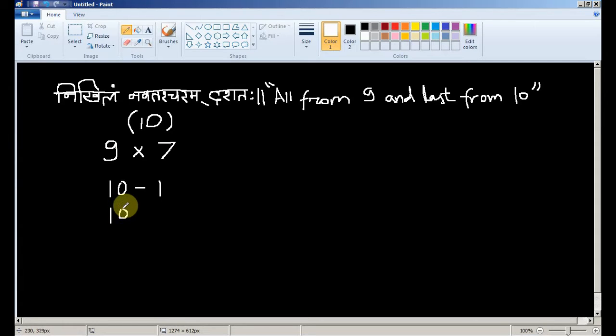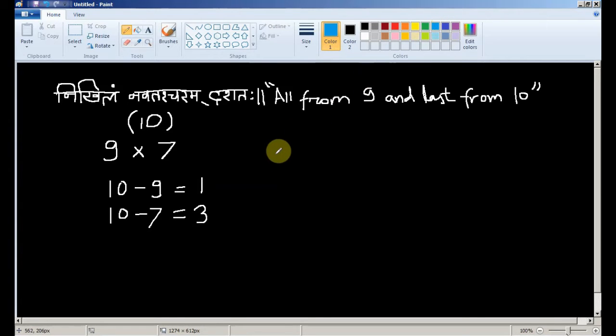When I do this, what I get is 1, and if I subtract 7 from 10, I get 3. Okay, so this is very simple.